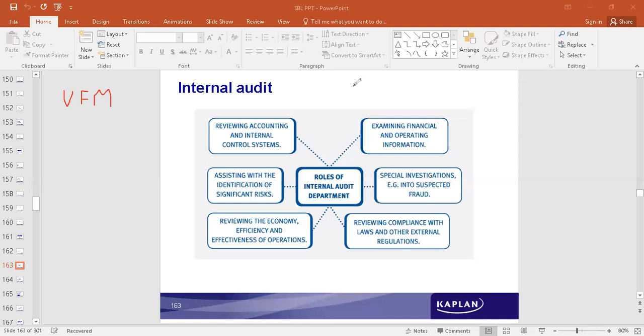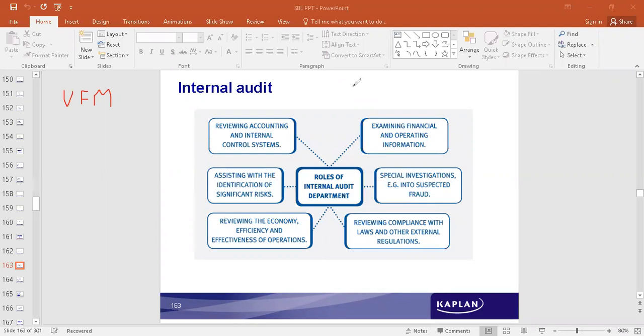As much input as is introduced, are they getting the output accordingly? That is about verifying the efficiency. So there is a comparison between the input introduced and the output generated. Finally, we see that with the help of economy and efficiency, is the organization effective enough in achieving their overall objective? That is effectiveness.